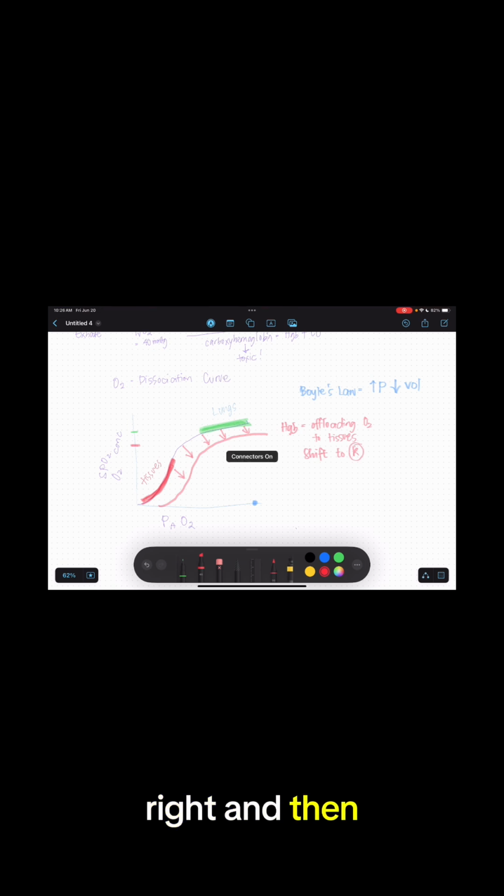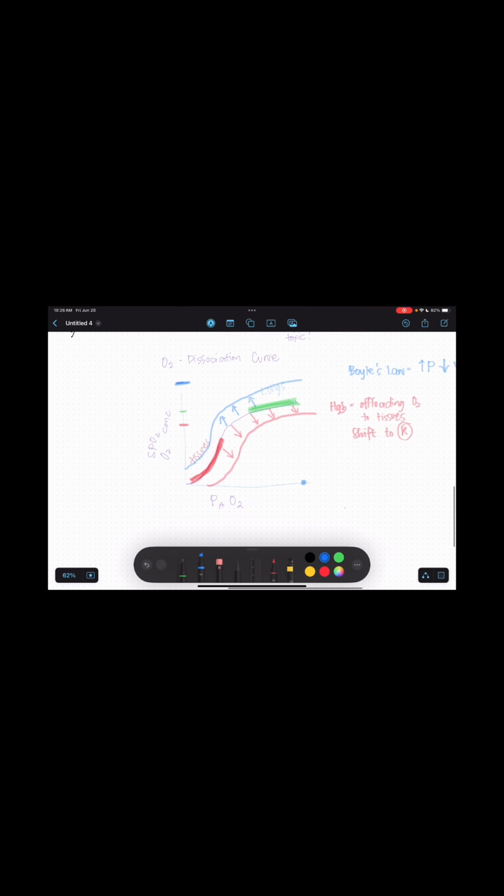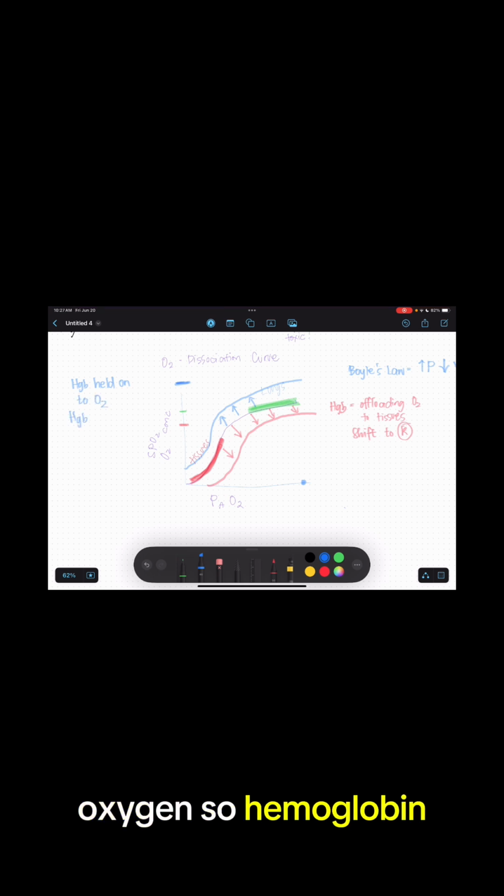And if this thing shifts to the left, which in this new graph is going up, see how the oxygen went up here? It means that the hemoglobin held on to oxygen. Hemoglobin loves oxygen, and this is the left shift. It means that the hemoglobin did not release oxygen to the tissue.